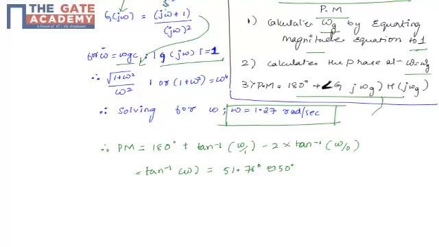Substituting the obtained values in this formula, that is 180 degrees plus the angle of G(j omega), which can be obtained as tan inverse of omega by 1, minus 2 times tan inverse of omega by 0, since the s squared term goes to the denominator. When we simplify the further steps, we obtain tan inverse of omega as 51.78 degrees, which can be approximated to 50 degrees.